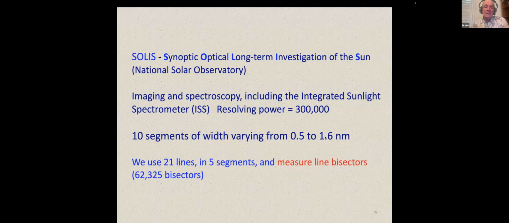We use for our analysis 21 photospheric lines in 5 segments, and we measure line bisectors. In total, we measured 62,325 bisectors, and that might seem like a lot, but compared to the quantity of solar data that's being acquired now by spectrometers like HARPS-N and NEID, that's not very many.